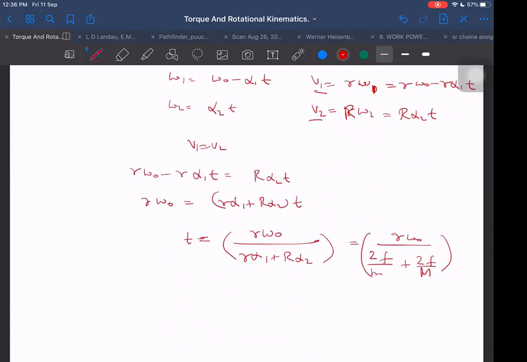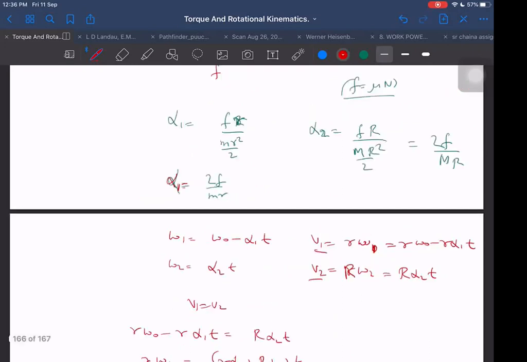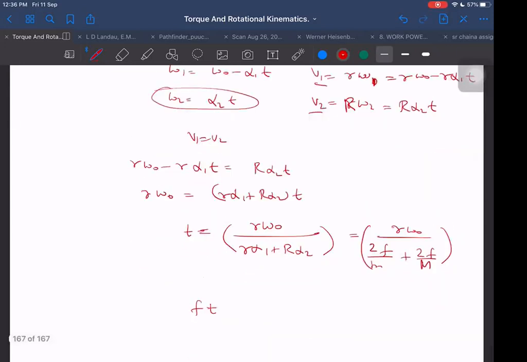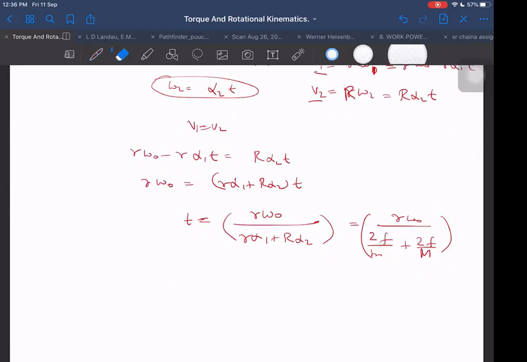So let us take f into t. What I want to find here, I think f is unknown, but I can still find out omega 2. Can I find omega 2 or not? Let me check once. Yes, I can find omega 2, because omega 2 is equal to alpha 2 into t. So what will it become?